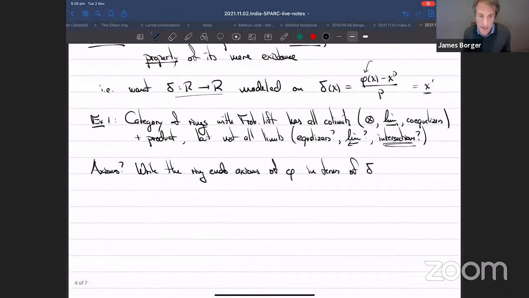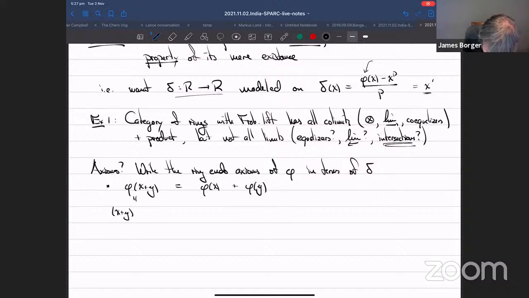So okay, how do you do this? Let's say we just take the additivity axiom. Okay, that's that. And now we just write it in terms of delta. So this is (x plus y) to the p plus p delta of (x plus y), and this side is x to the p plus p delta of x plus y to the p plus p delta of y.